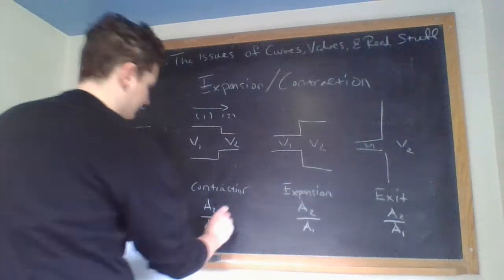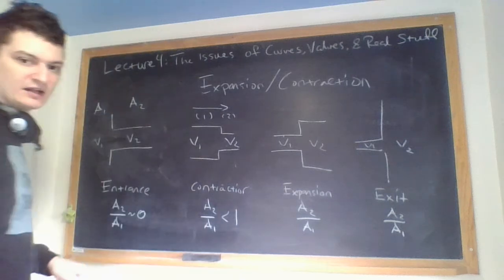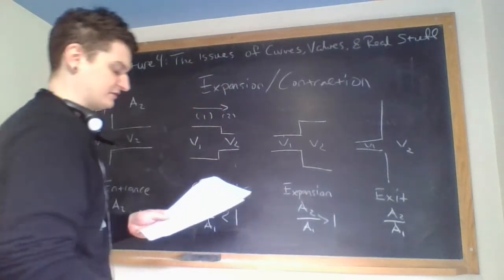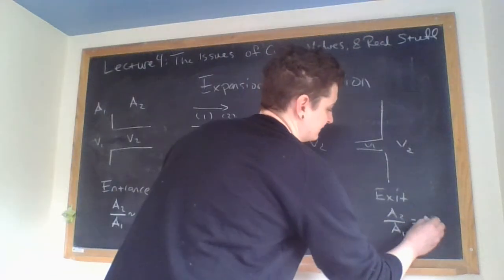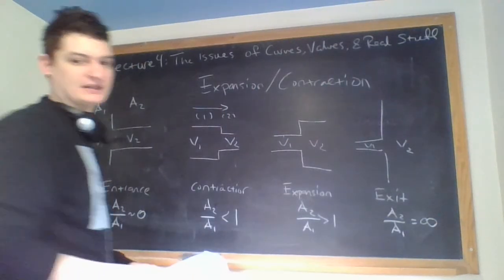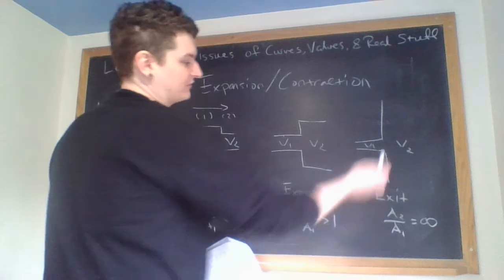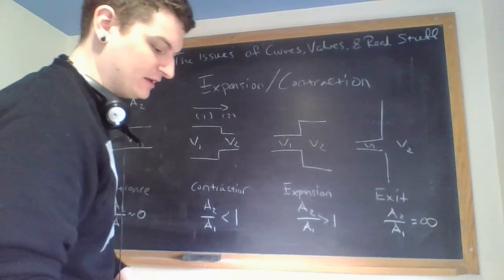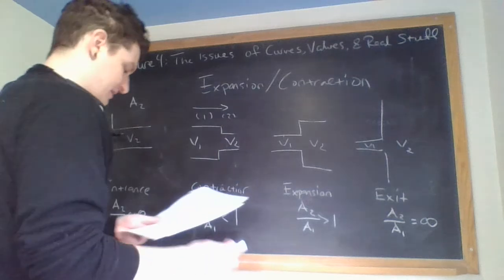For contractions, this value is less than 1. For an expansion, value is greater than 1. And for an exit, we say that it's infinite because now you're dividing, and you say that A2 has infinite area. Right? So those are the cases that we have.